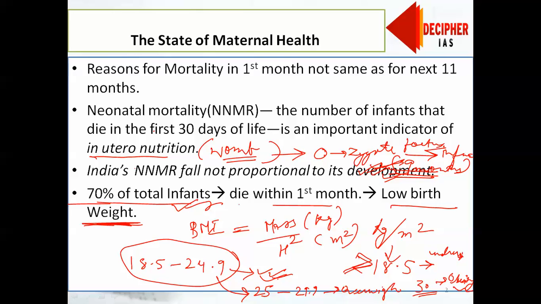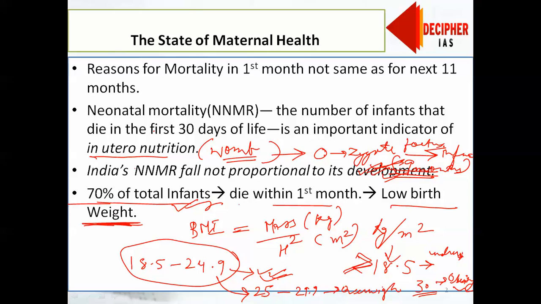So what should a woman do during pregnancy so that these kinds of problems won't happen? First of all, a woman should take iron and folic acid tablets during pregnancy, and she should do light exercises. Folic acid is a type of B vitamin. When she takes folic acid, it avoids neural tube defects.